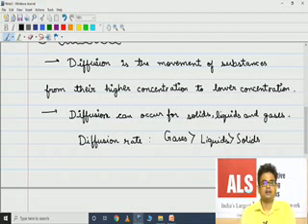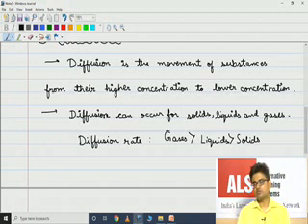Have you studied Graham's law of diffusion? Graham's law of diffusion: the rate of diffusion is inversely proportional to the molecular mass of the gas. The rate of diffusion is proportional to 1 upon under root of M, where M is the molecular mass of the gas. Yes or no?